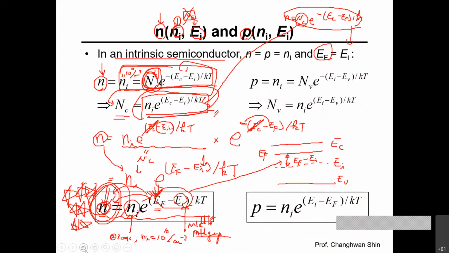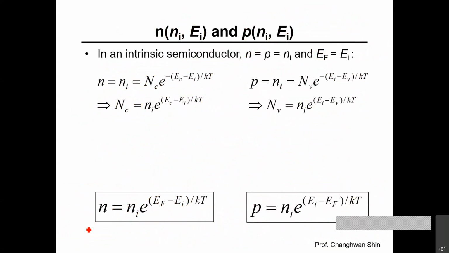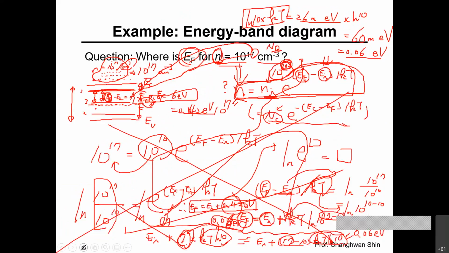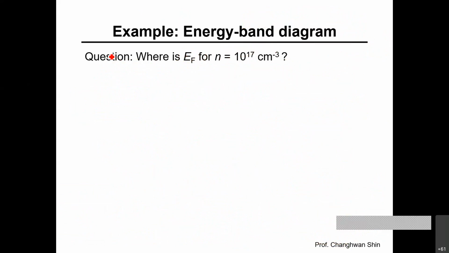So herein, let's practice one more question. Suppose that the doping is 10 to the 15. Where is EF? Very simple, EC, EV. For a given energy band diagram, in the middle there is the intrinsic Fermi energy level.